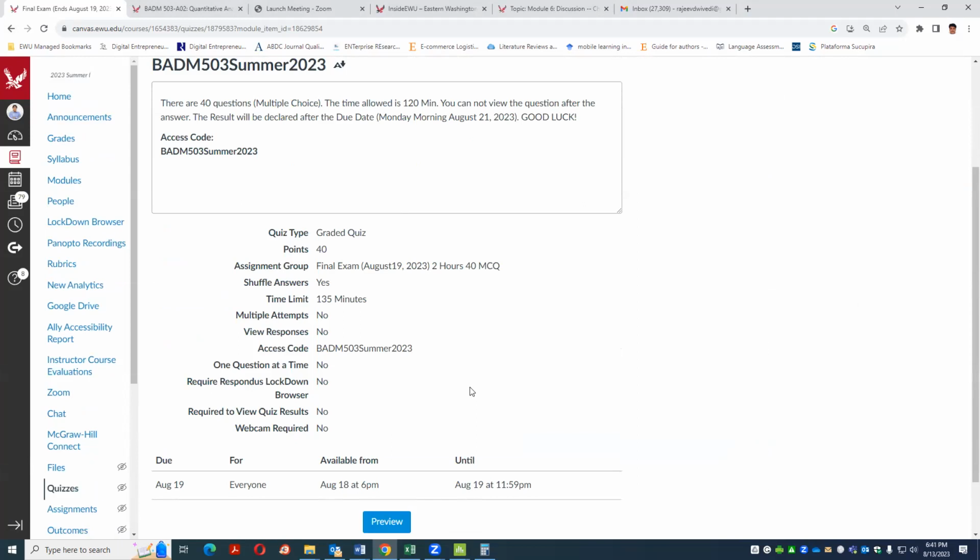This is a normal Canvas. It is not proctored, there is no security thing. You just do it like the MCQ quiz you are doing every week. You don't need to enter a password, but this is password protected. That's the only difference, nothing else. Okay, thank you. Most welcome.